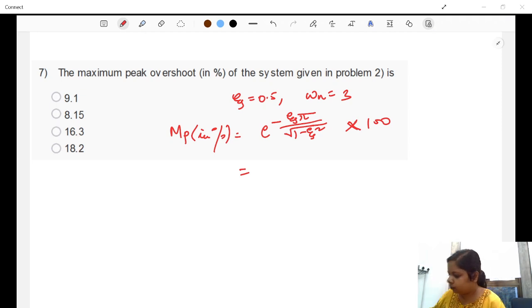Yes. The answer that you'll get here is 16.3%. Okay, so this is the way we solve.